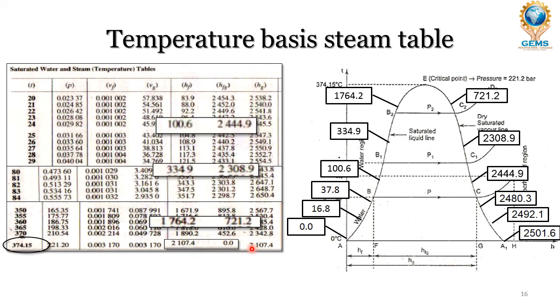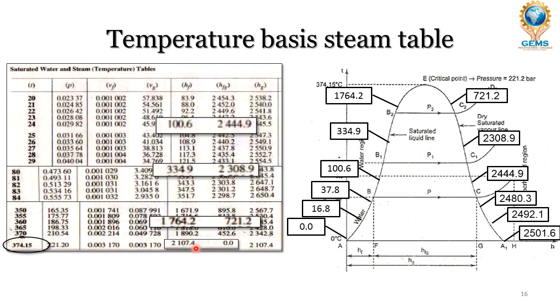You can see the Hf value slowly increasing, while the Hg value is decreasing, and at one point the Hf and Hg values become the same. At that time the Hfg value will be 0, because Hg minus Hf is 0.